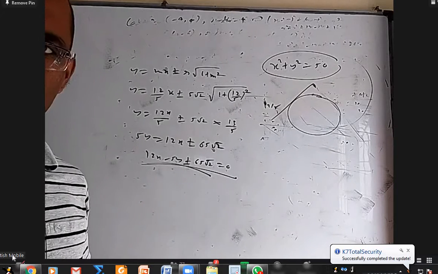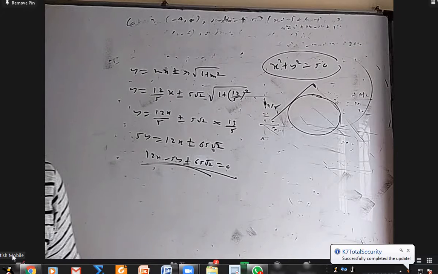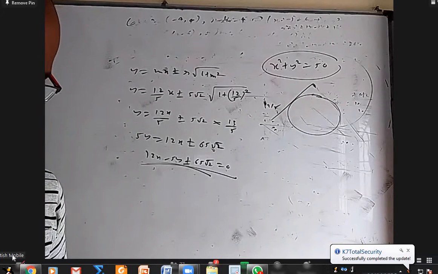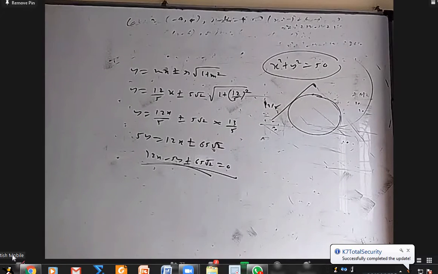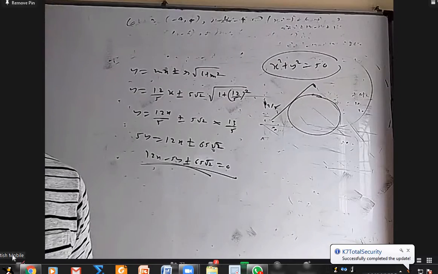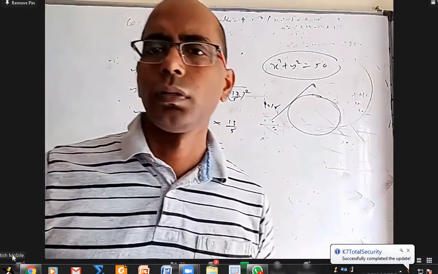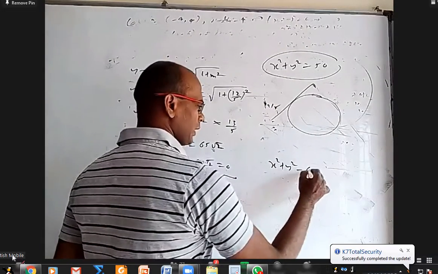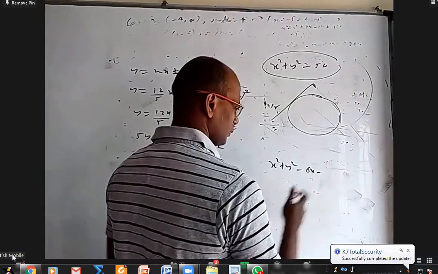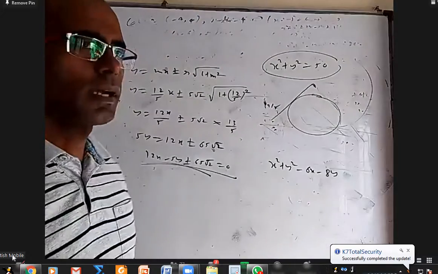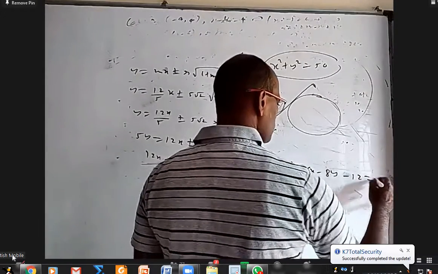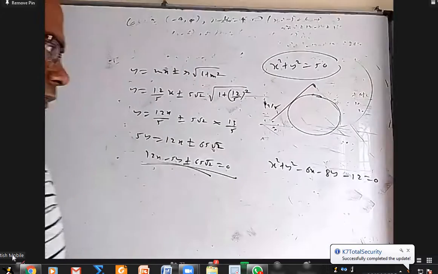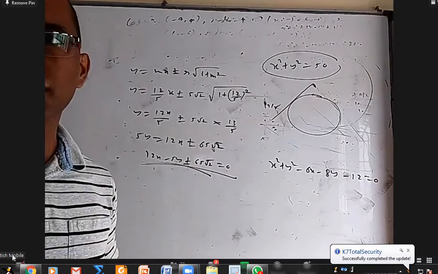Okay. Right, next question. Find equation of tangent to the circle x square plus y square minus 6x minus 8y minus 12 equal to 0, and having radius 3 by 4.